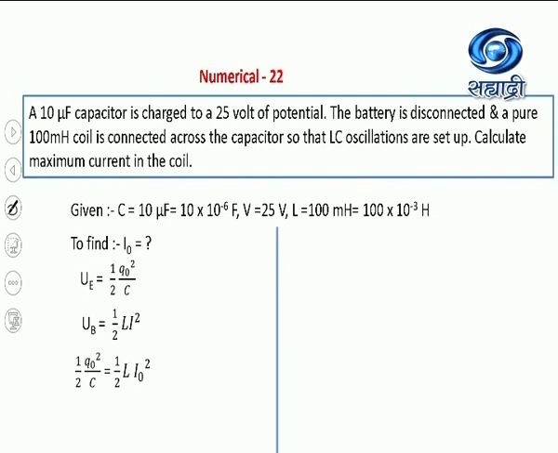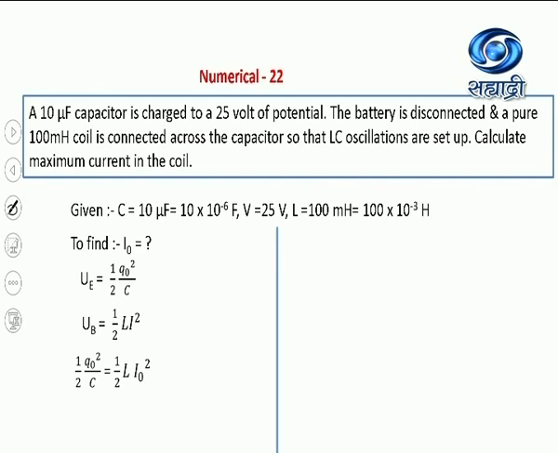Now, if we compare these expressions, we get half Q naught square by C, it is equal to half L into I naught square. So here, what is the total energy in the gap between the two plates of the capacitor? It is half Q naught square upon C. And this entire energy, when it is converted into magnetic energy associated with the coil, it will be half L I naught square.